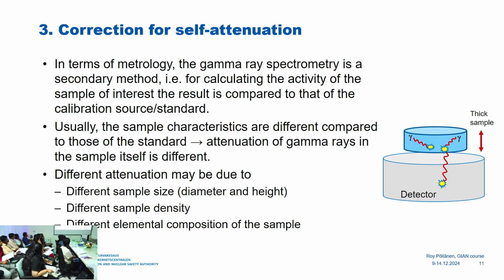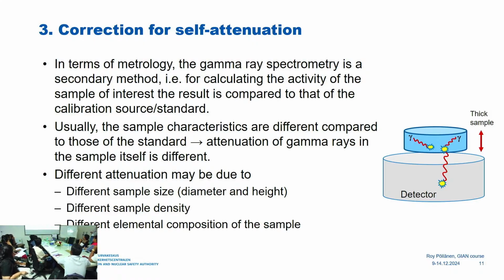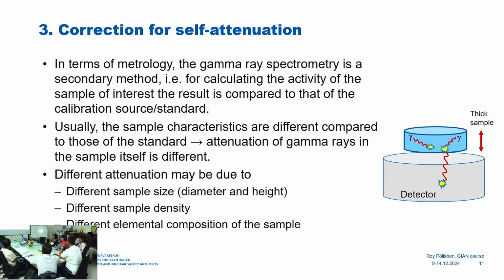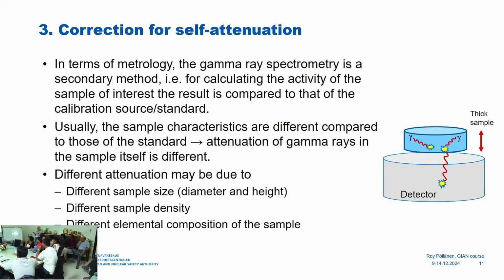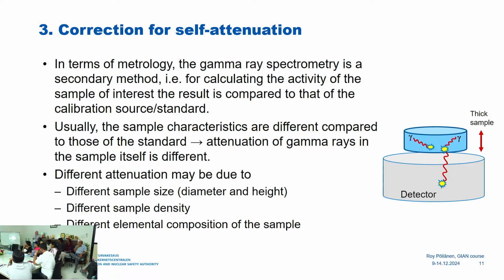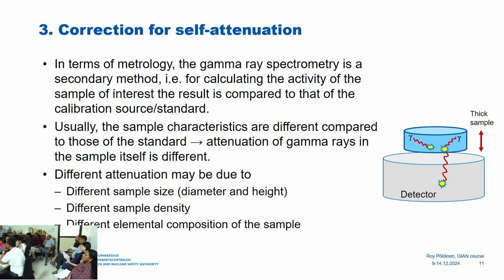And the point is that usually the sample characteristics are different compared to those of the standard, at least in our cases. So in Stuk we are measuring so many different types of samples.